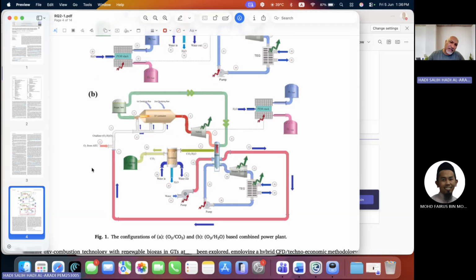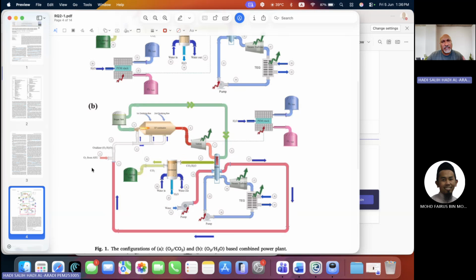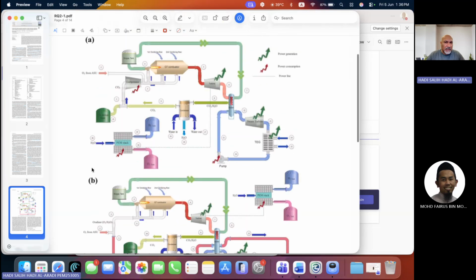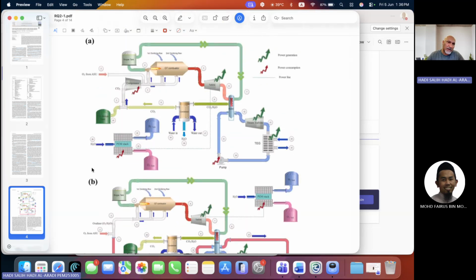In the overall view, it was the easiest way to capture the carbon and keep the temperature within the limitations.